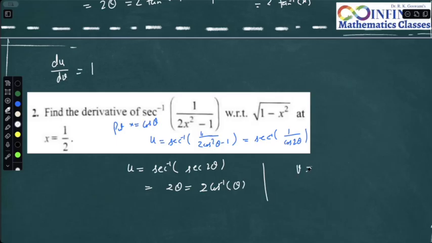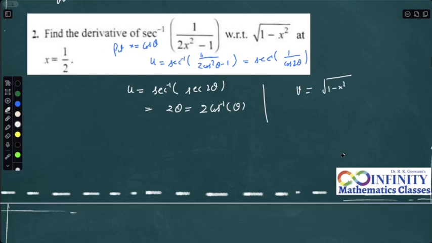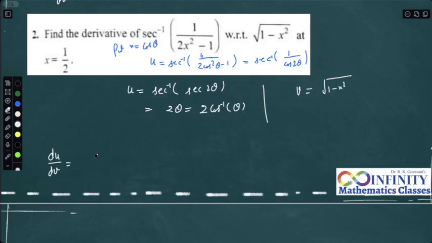V is given to you as square root of 1 minus x square. From here onwards, you need to take the question. You need to find du over dv using the expression du over dx. Oh, sorry, I made a mistake. It should be x there, and it should also be x.